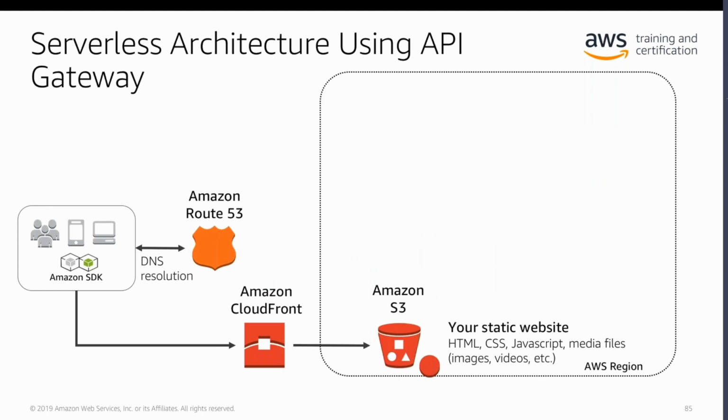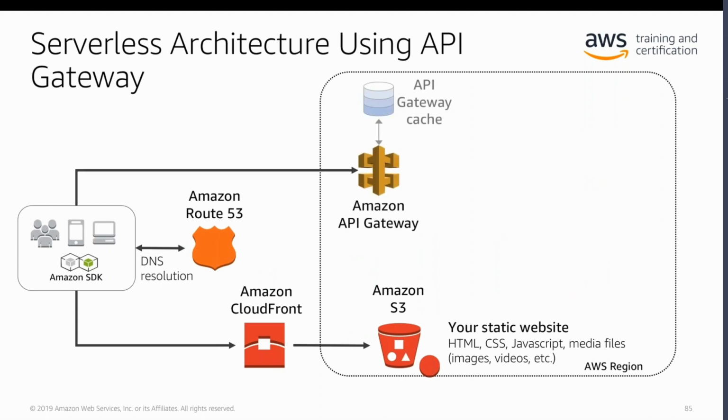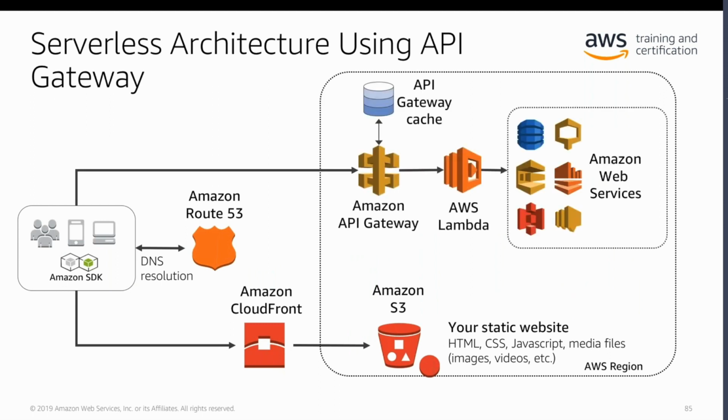And again, going back to our example application that we had earlier with the static website, we could have a website that we're publishing through CloudFront that has a static web page in Route 53 that asks the user for some input. They hit a submit function that calls an API Gateway function that launches a Lambda function that stores some data in S3 or stores some data in DynamoDB.